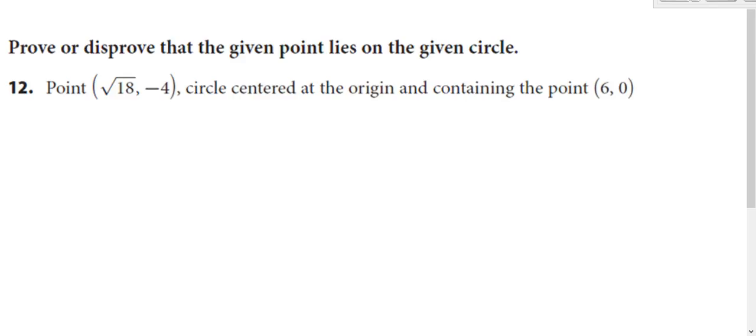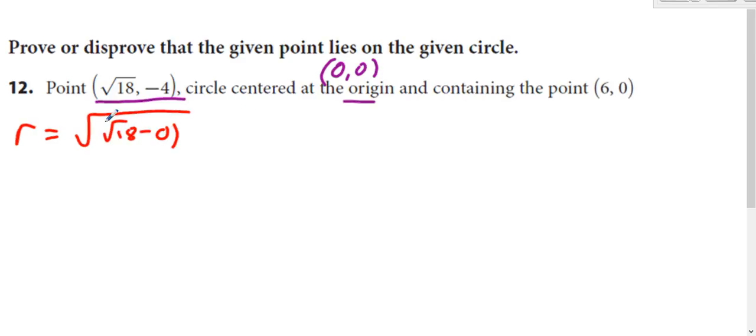So now we're going to check this point centered at the origin. Remember, origin means 0, 0. So we're going to find our radius. It is square root of 18 minus 0 squared plus -4 minus 0 squared.